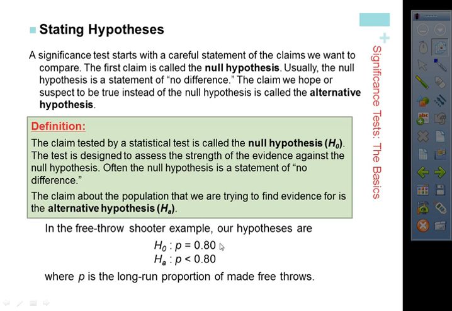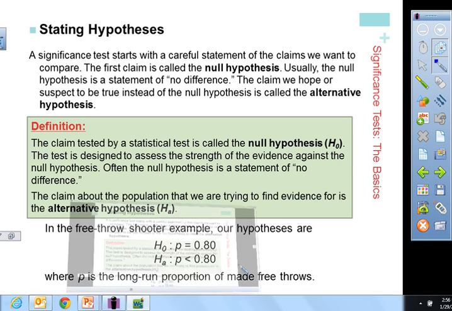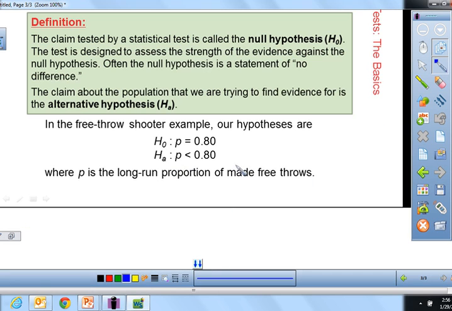Now, actually, in your book, or for AP purposes, for the free throw shooter example, our hypotheses are, okay, H naught, like this is always going to be equal. The alternative can be the options I gave you in class, which would actually be not equal to, greater than, or less than.